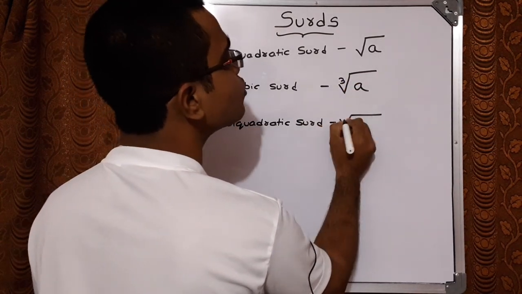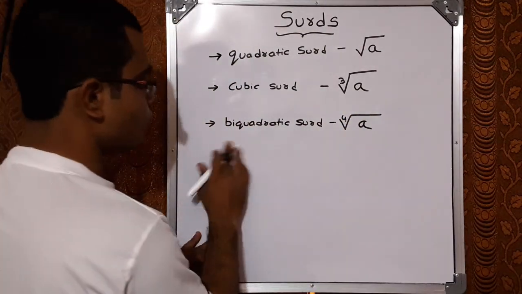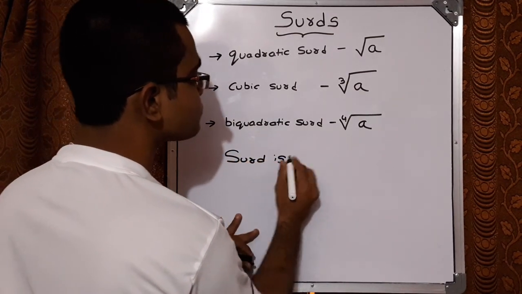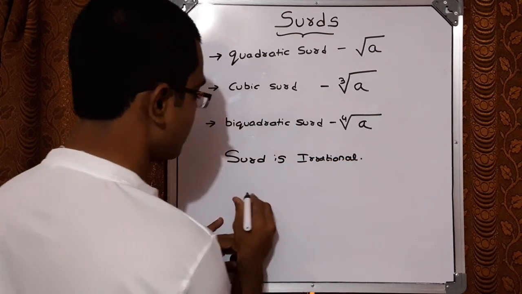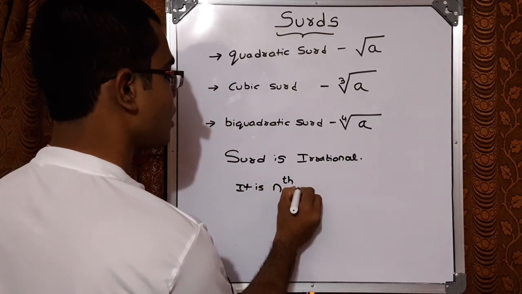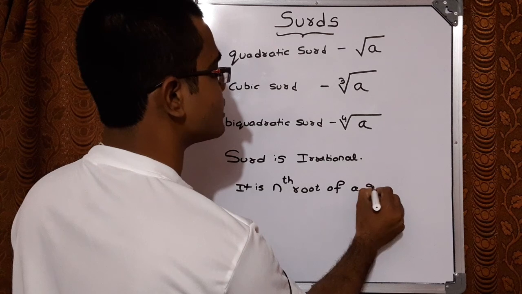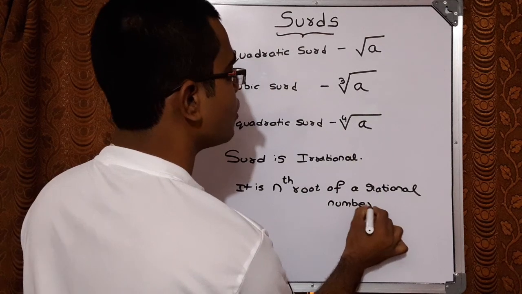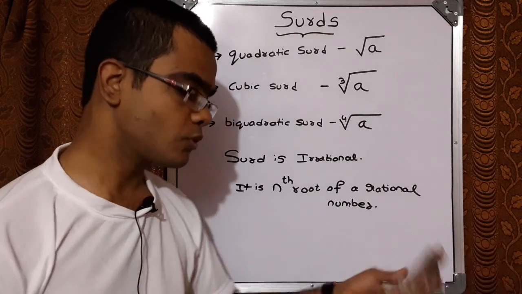If you take a fourth root for a rational number, it is going to become a biquadratic surd. So first thing I wanted to define here, a surd is irrational. Next one, it is nth root of a rational number.